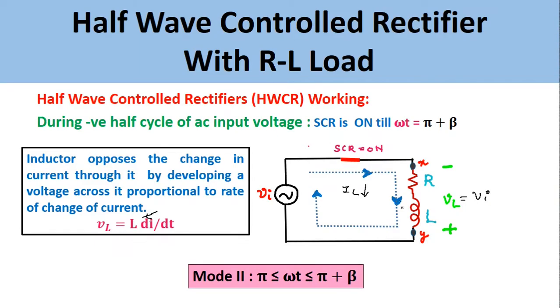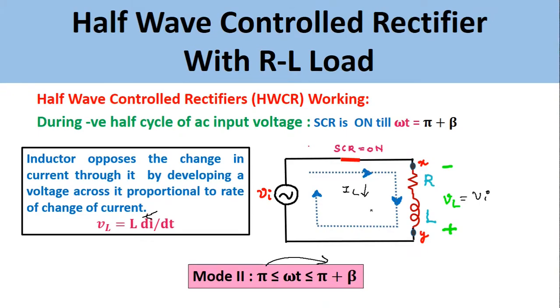Due to the voltage in this inductor, the SCR continues to conduct even in the negative half cycle, and we will get the output voltage equal to the input voltage. So whatever input voltage comes across this load, it will come across the output. That means our SCR is conducting from pi to pi plus beta. Beta is the instant up to which our SCR is conducting during the negative half cycle.